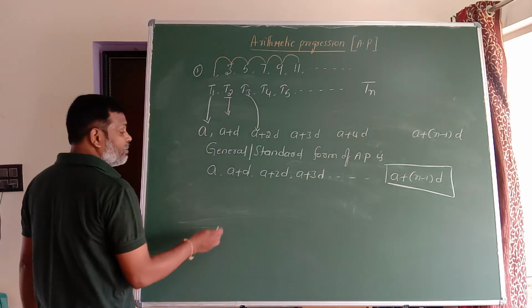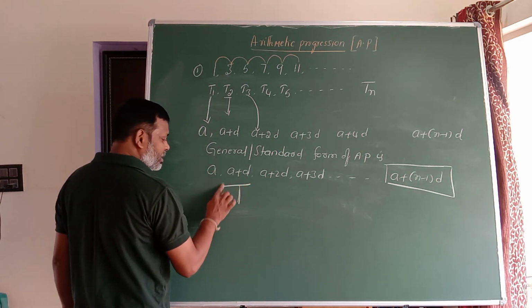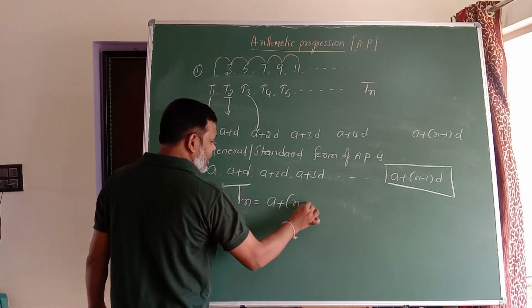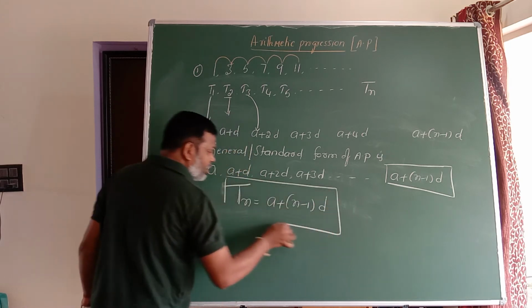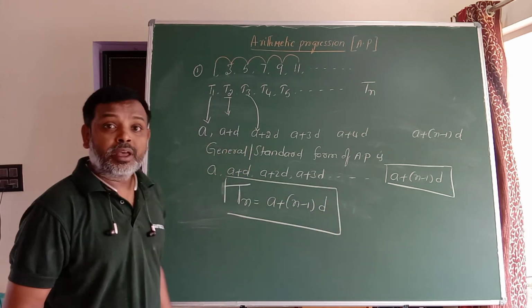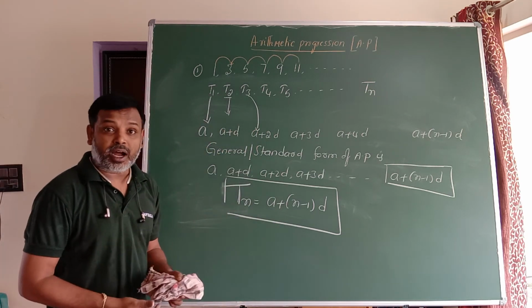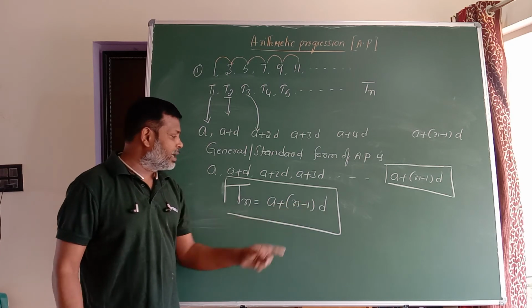The general term or nth term of the arithmetic progression is denoted by Tn, that is given by the formula a plus (n minus 1) into d. Keep in mind, this is very, very important. To find out any term of the arithmetic progression, you have to use this formula. Tn is equal to a plus (n minus 1) into d.